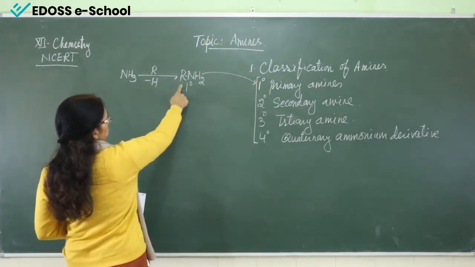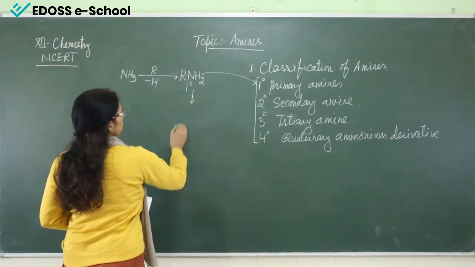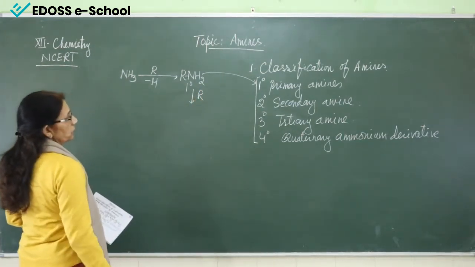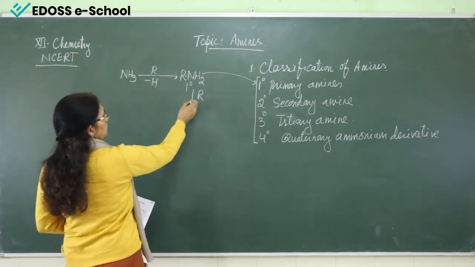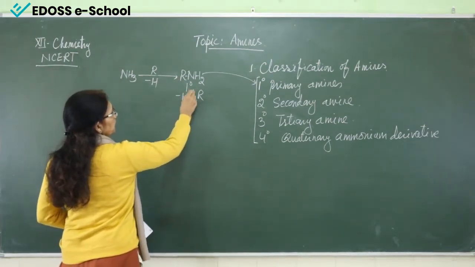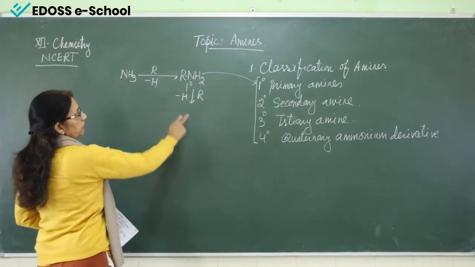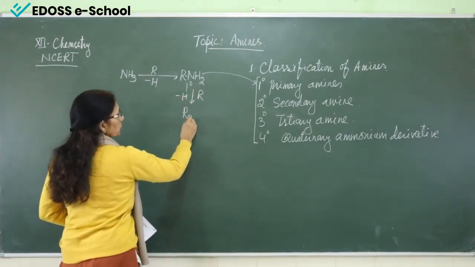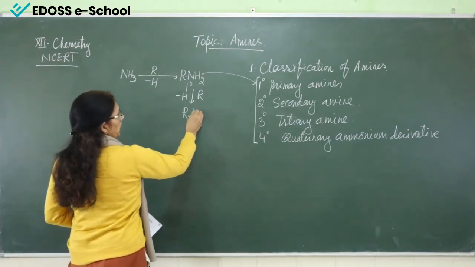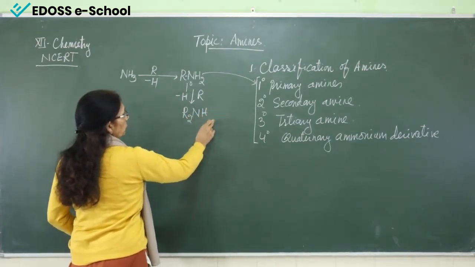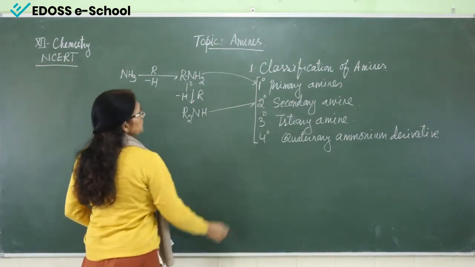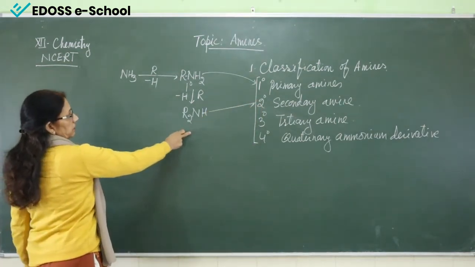Now, in the same reaction, if we again react it with an alkyl group, again one hydrogen will be replaced by an alkyl group, and now the alkyl groups will be 2 and hydrogen will be just 1. This is known as secondary amine.